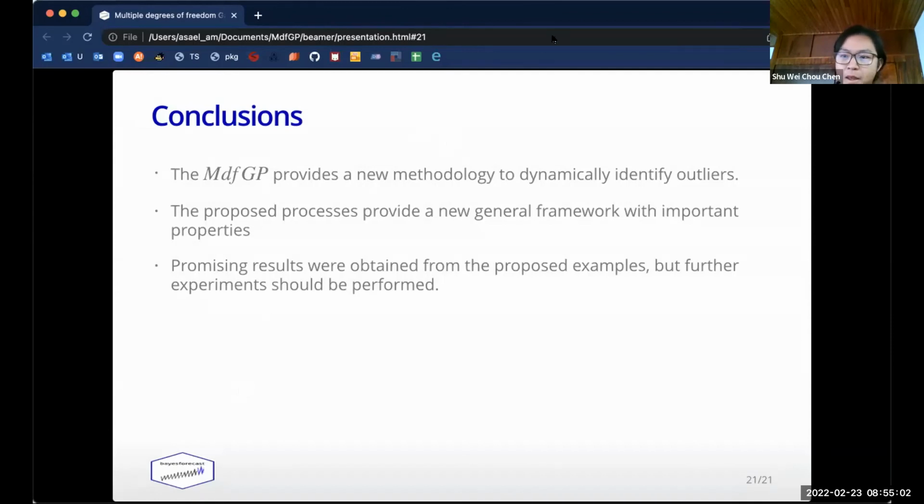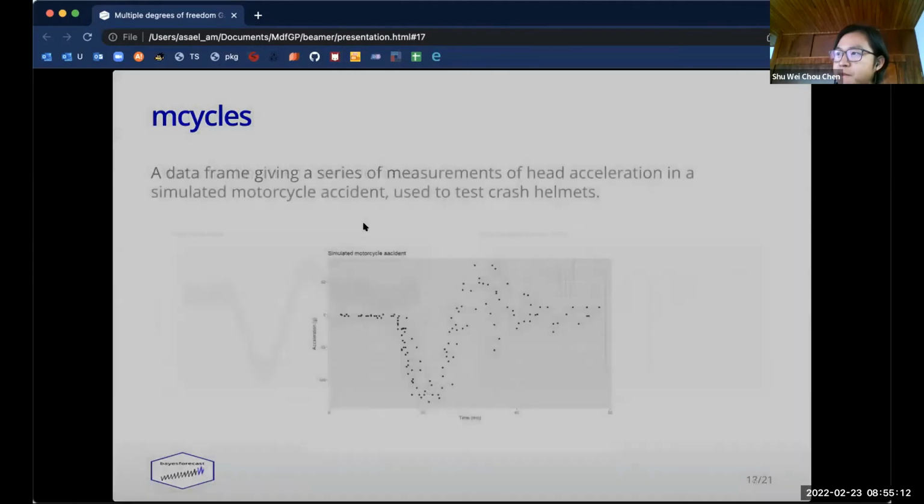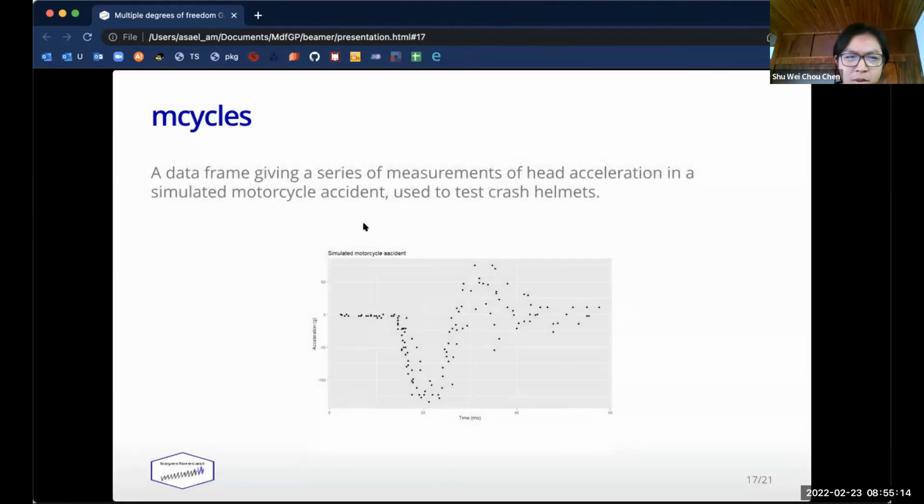I have a question about the first simulation example. I think that the example was simulated from a real example, the motorcycle one, right? So how can you determine the parameters you used for the simulation? Sorry, I don't understand the question.